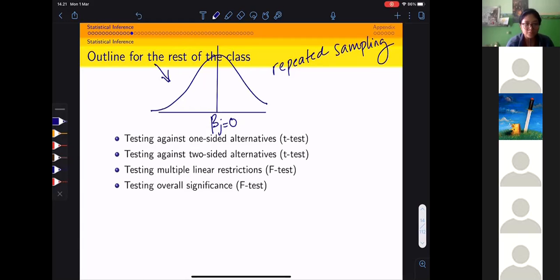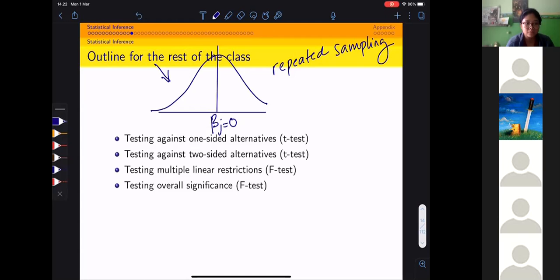Now, repeated sampling is in theory. In practice you do not have the luxury of repeated sampling. Usually you just have one sample that you randomly draw from the population. It's usually a very expensive sample.